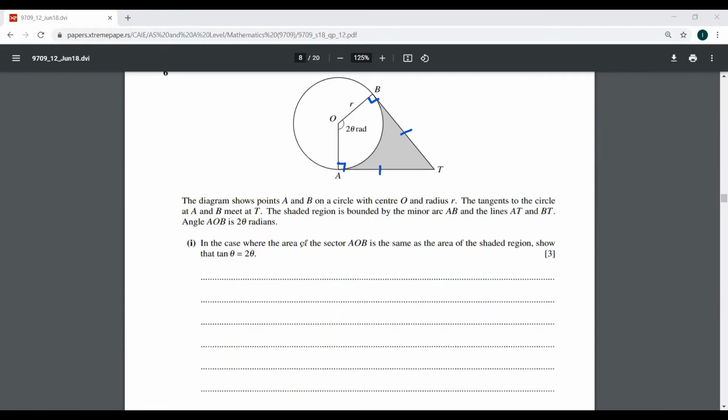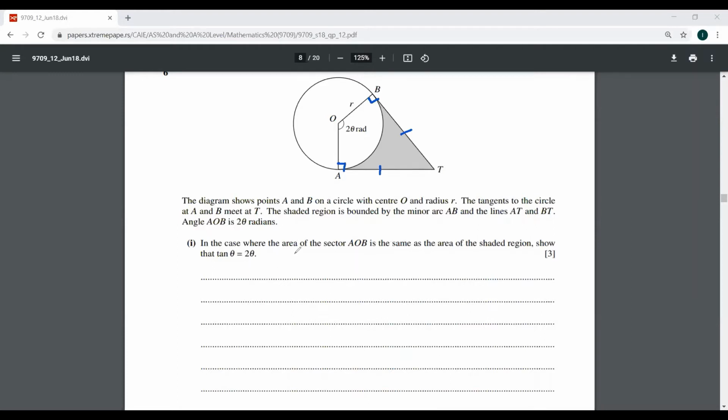In the case where the area of the sector AOB is the same as the area of the shaded region, show that tan theta is 2 theta.